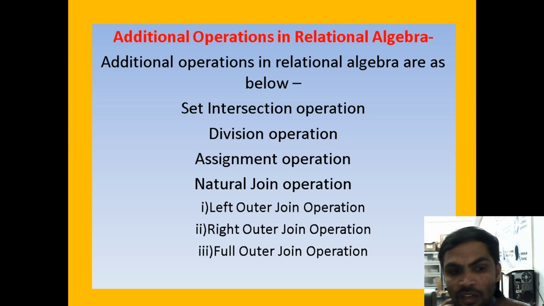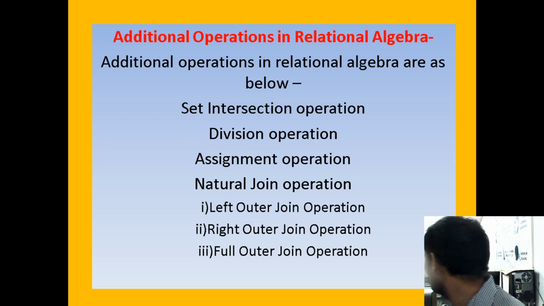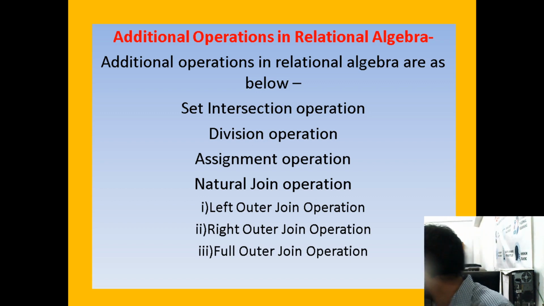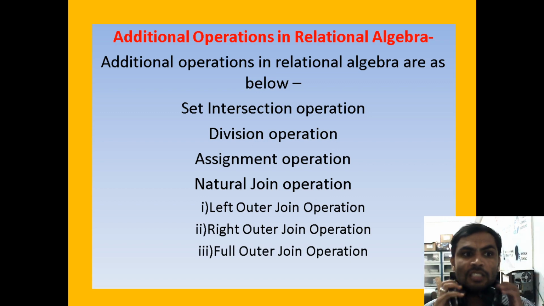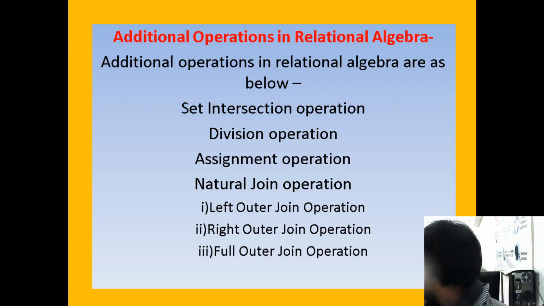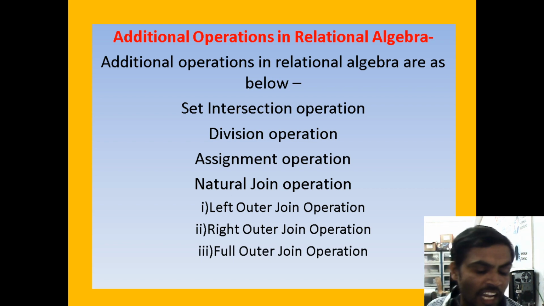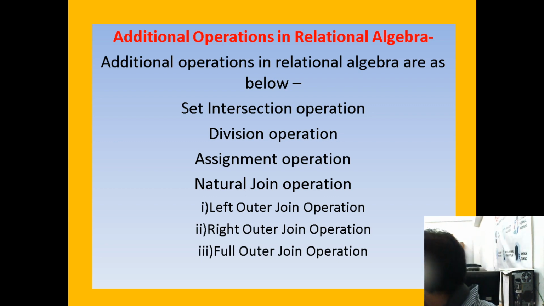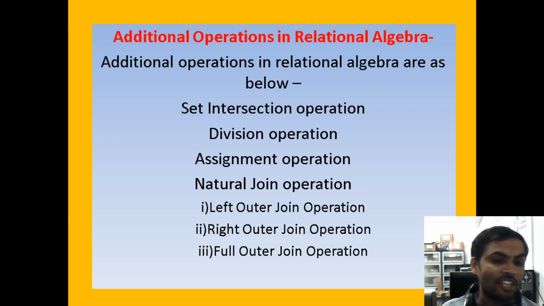These are the operators available under the additional operators. Actually, under the additional operators in relational algebra, we have four operators: set intersection, division operator, assignment operator, and the natural join operator. Under the natural join operator, we have the left join, right join, and full join.